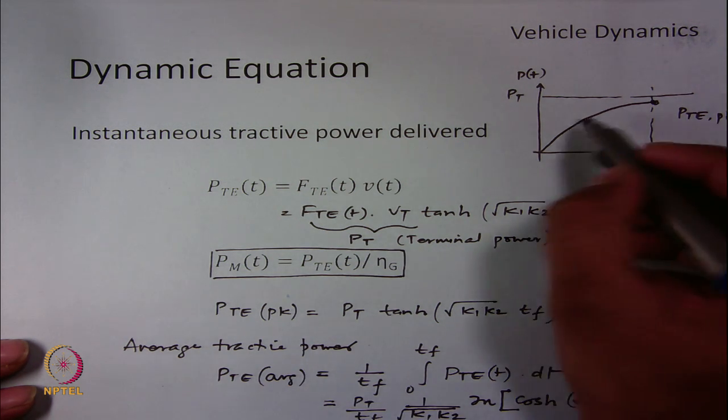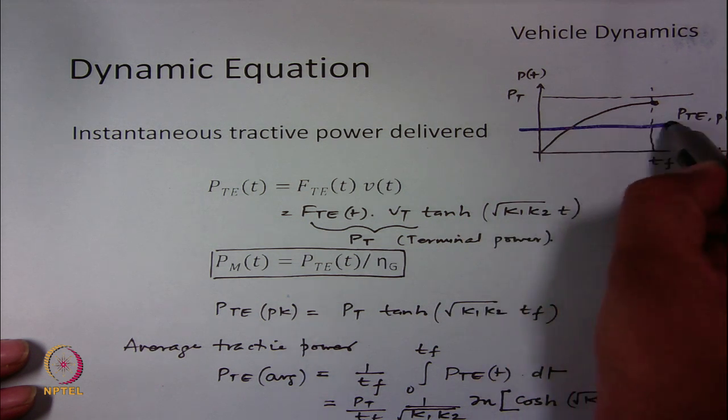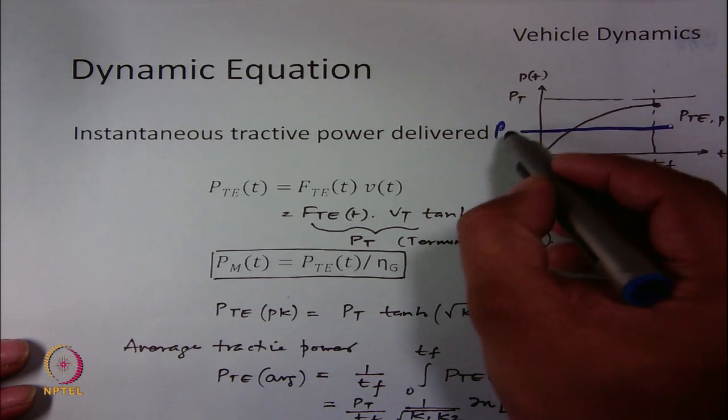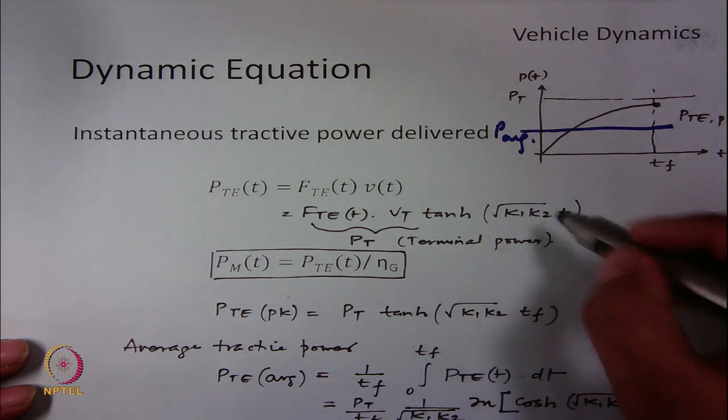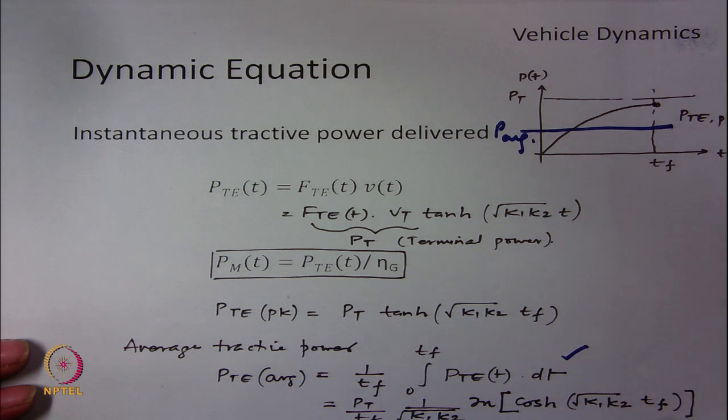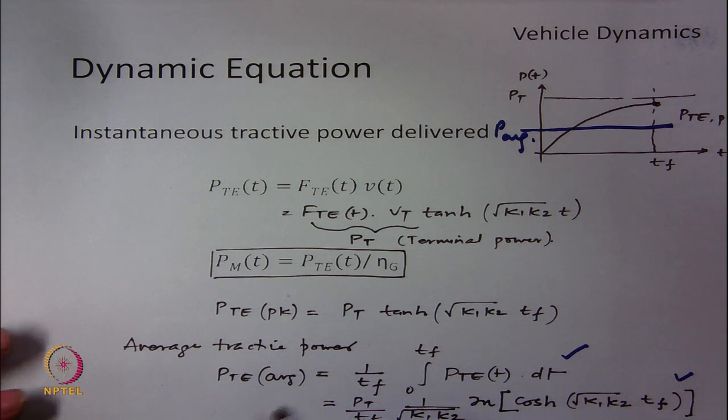The average tractive power will be somewhere here. It can be evaluated by doing the integration 1 by T f from 0 to T f of the expression of P t with respect to time, and we will get this expression. This is a very important expression in terms of energy requirement that we will see.